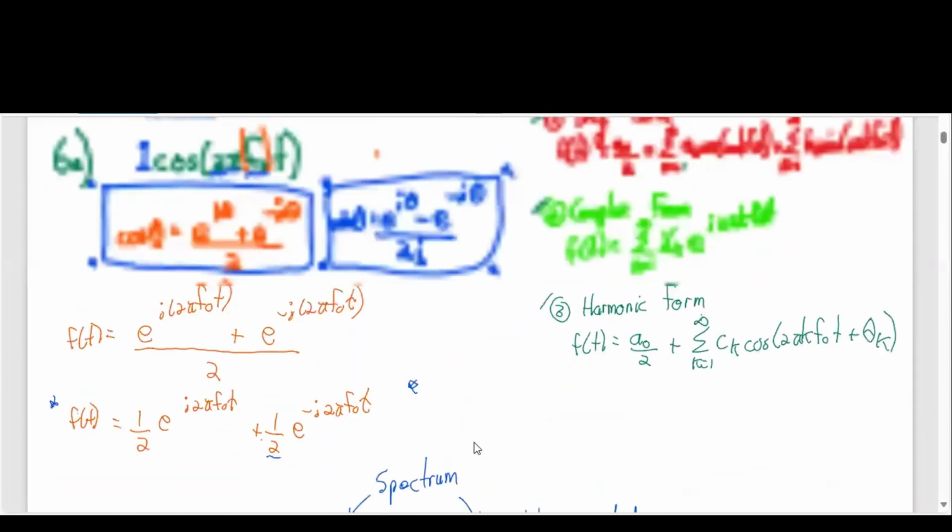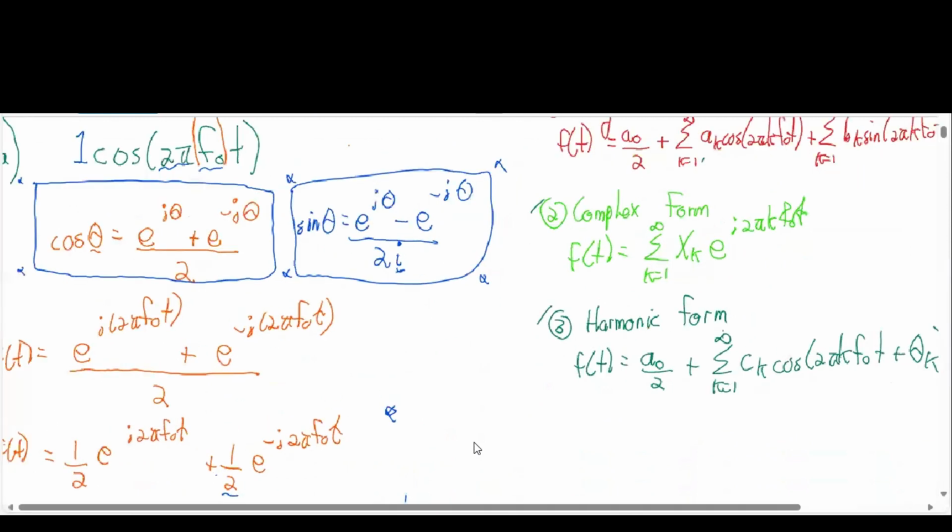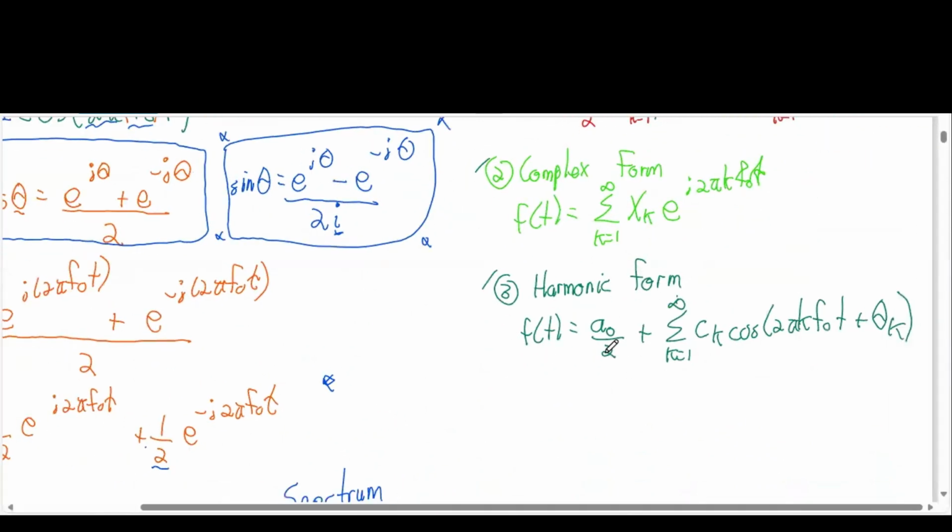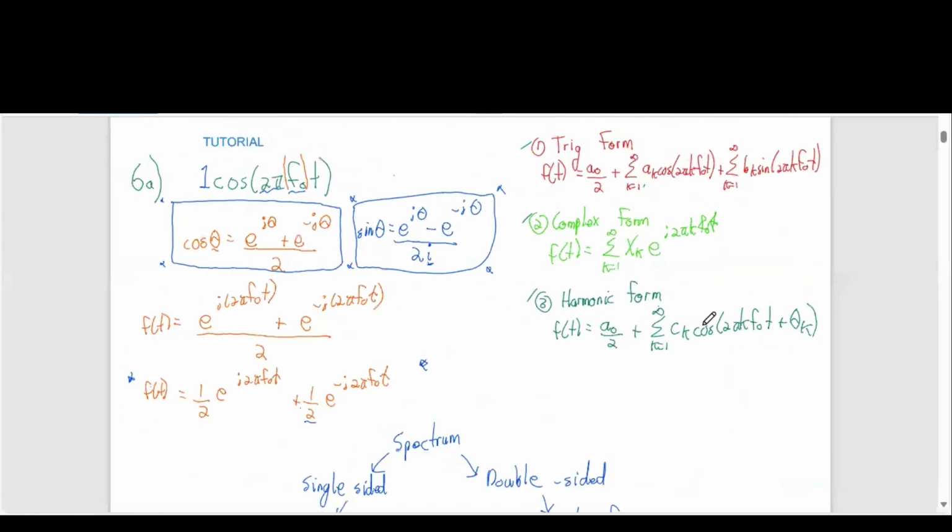Because if we go back before, the harmonic form is A0/2, which is a DC component at frequency 0, plus the sum of Ck cos(2πkf0t + θk). So in simple terms, anytime you have something in cosines alone, that is the harmonic form.